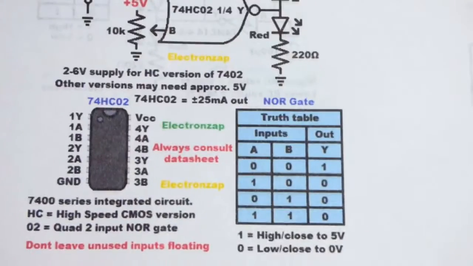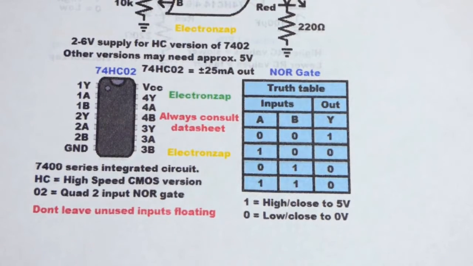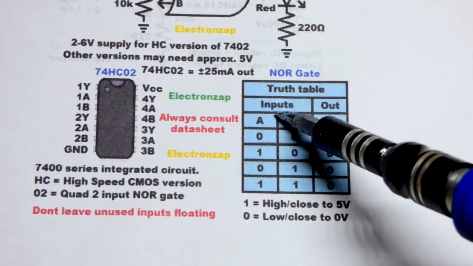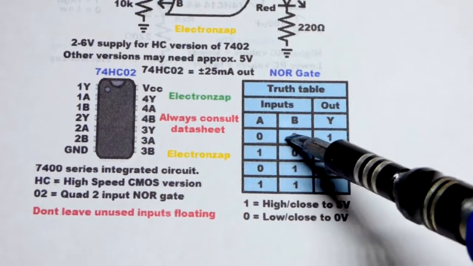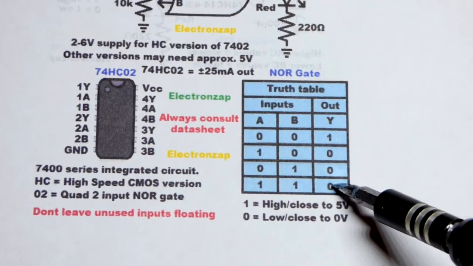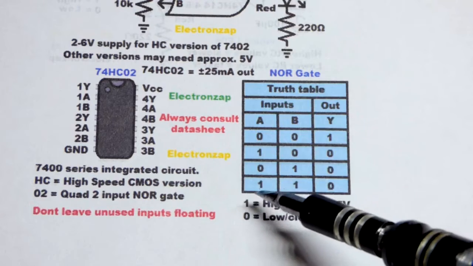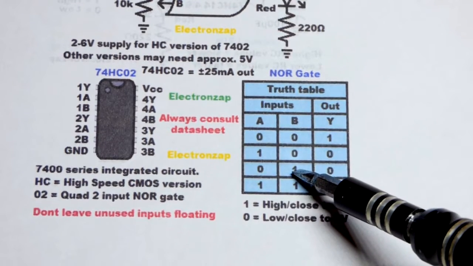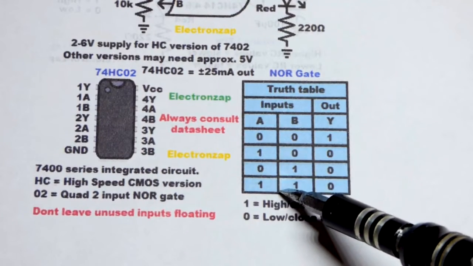So let's look at what makes the output high or low. Here we have a truth table, which you want to look up for any logic gate that you are not familiar with. We have the A and B inputs and then the output Y right there. An OR gate, instead of NOR, since there's two inputs, if one or the other or all of the inputs are high, then the output would be high.